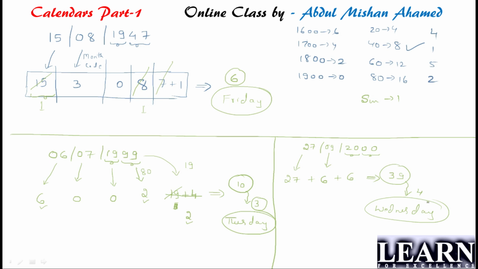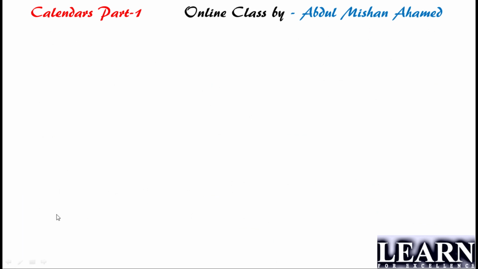Now look here, guys. You need to know one simple thing here. If it is a leap year, guys, clearly understand. If it is a leap year and if the dates are below February 29, I'll take the same example for 2000.